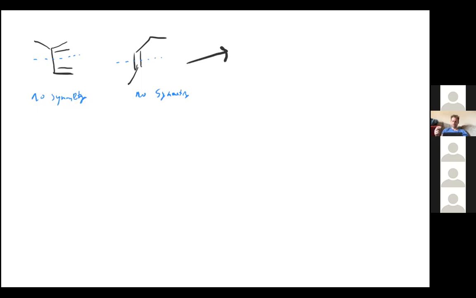So our first product is kind of the obvious one. We're going to make a 6-membered ring with a double bond. There's a methyl here. These two are trans, so they're going to end up as anti to each other.